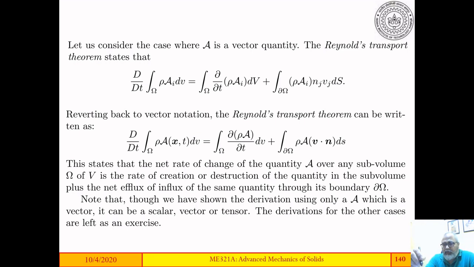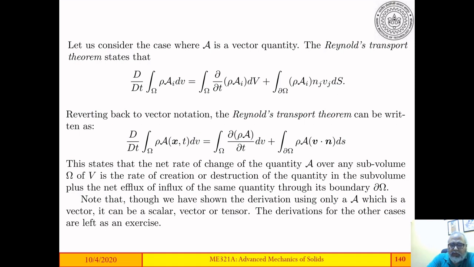So now let us look at a straightforward application of the Reynolds transport theorem. Now, the most straightforward application of the Reynolds transport theorem is to write down the equations governing the balance of mass in a body.